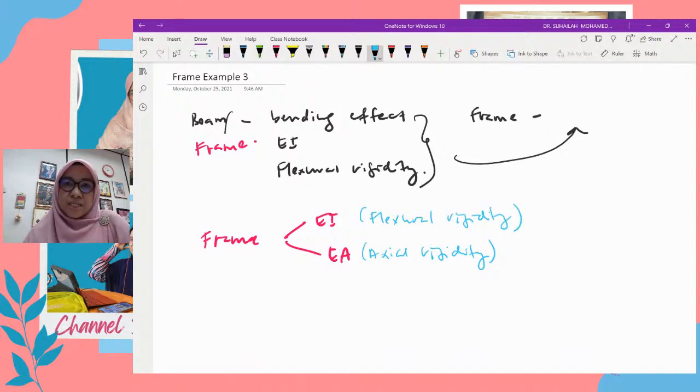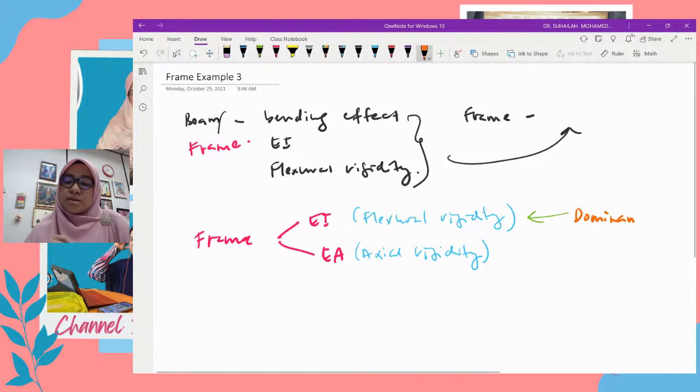The dominant effect in the frame comes from flexure. This is dominant, so the axial rigidity can be neglected.